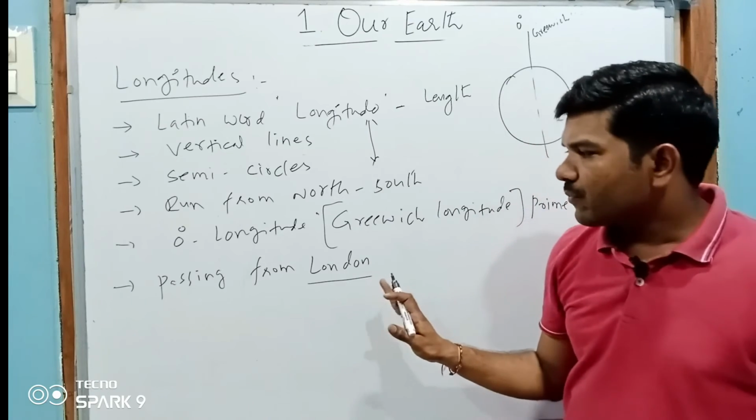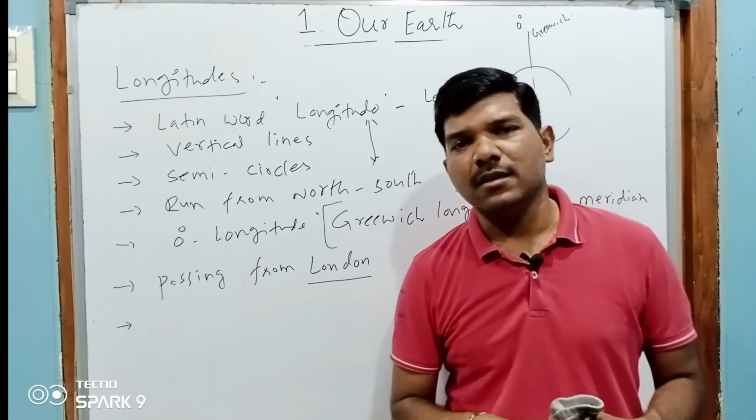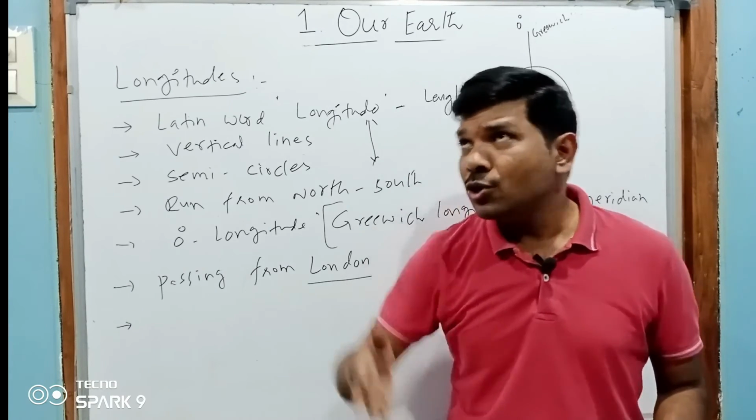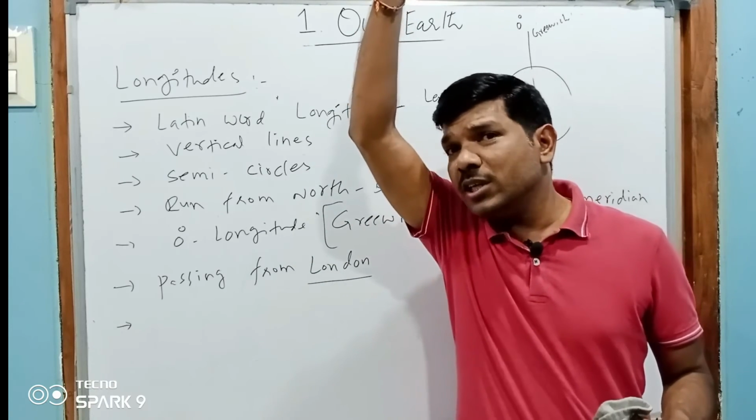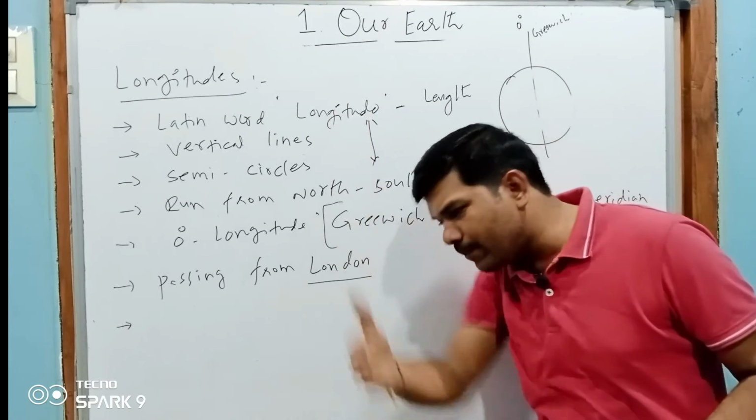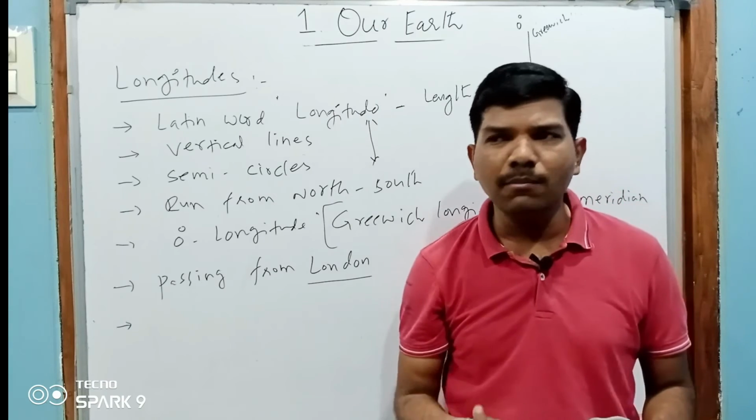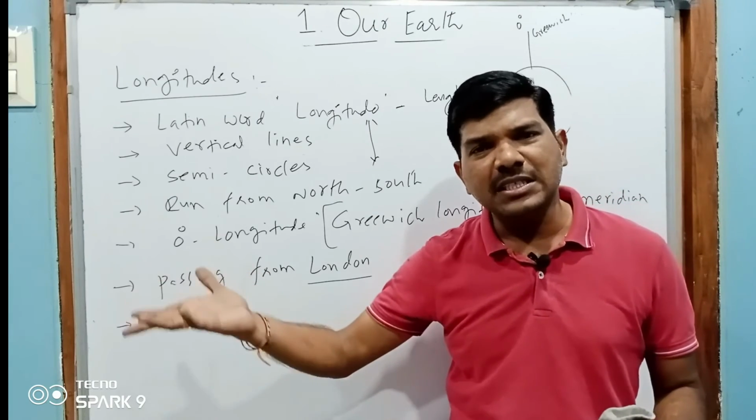Many countries tried to decide that the 0 longitude should pass through their own country, for example Sweden, Norway, Germany, France, Austria.